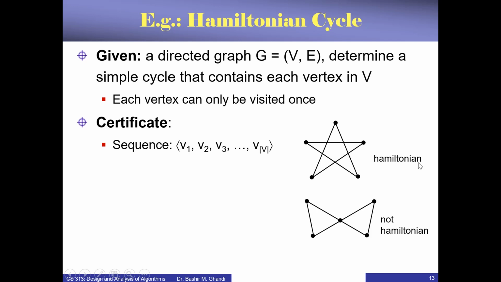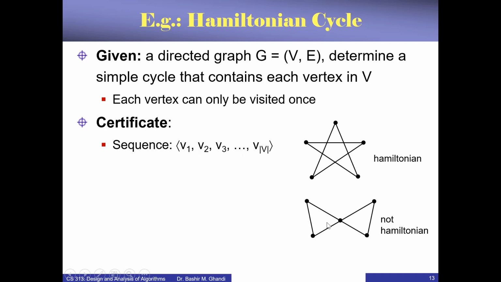On the other hand, this is not a Hamiltonian cycle, because you can see here there is a repetition of an edge. That is of course one of the things you should check when checking whether the solution is correct. There should be no repetition of the edge or the vertex.